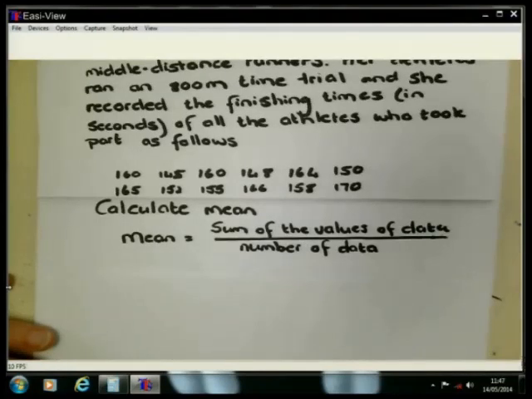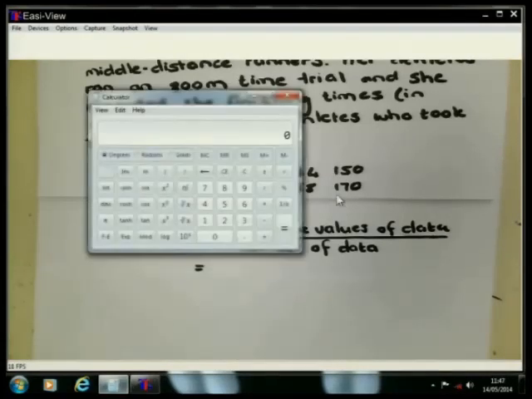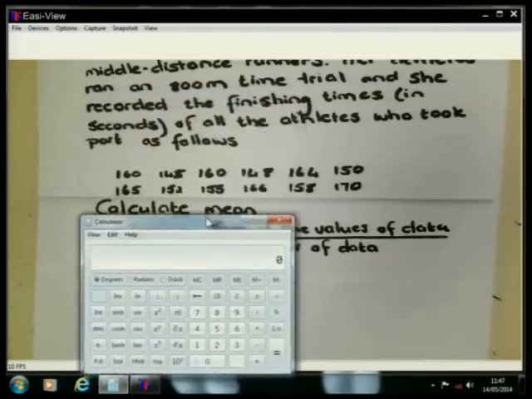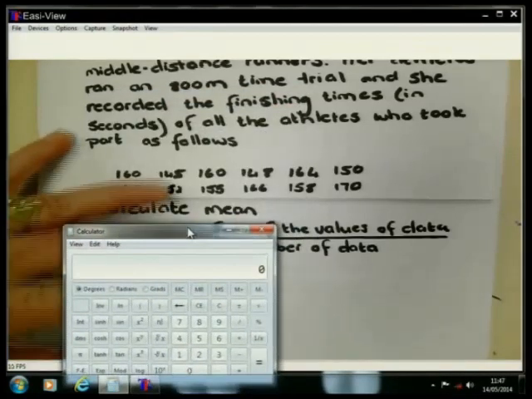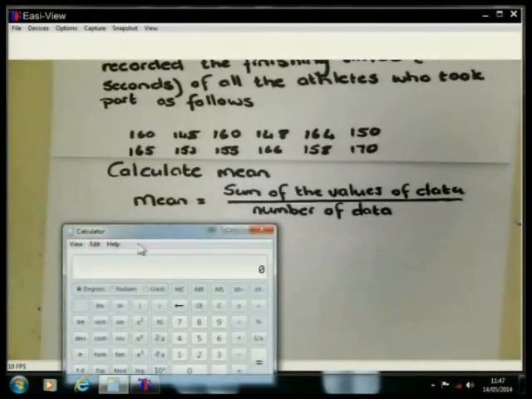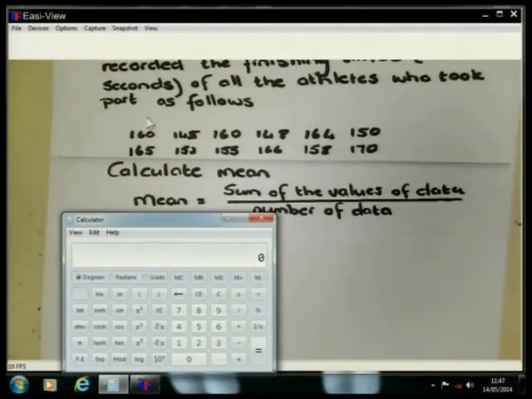So, to get the sum of all the values of data, you must remember the sum means add. So I am going to add all the values that I have in this data set. We are going to add the values. That is what the sum means. So, if we go back, here is my calculator now on the screen.